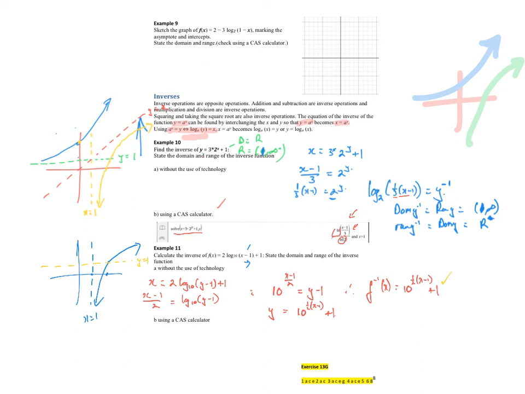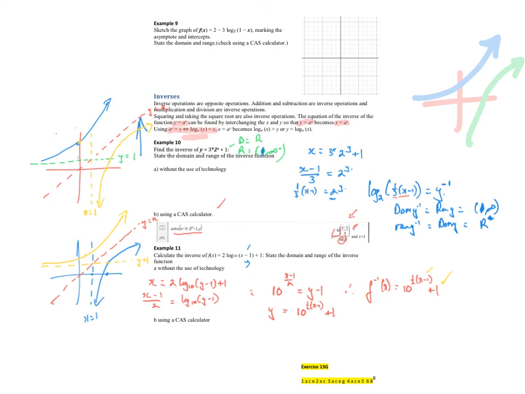There's my exponential graph moved up 1 unit, and the whole thing's been shifted to the right 1 unit as well. So our graph might look a little bit like that, and again, considering the line y equals x, they're an image of each other about that line.